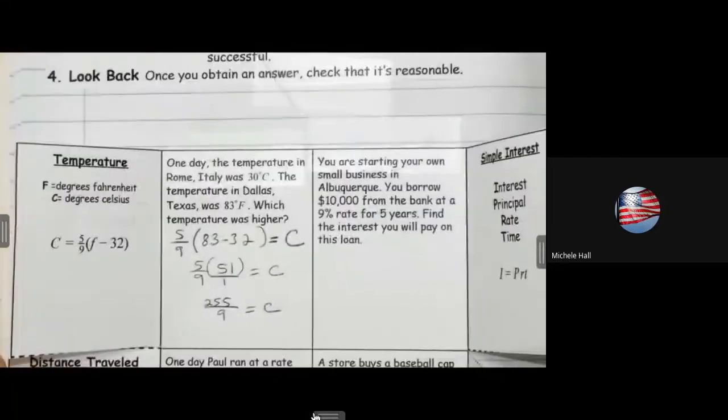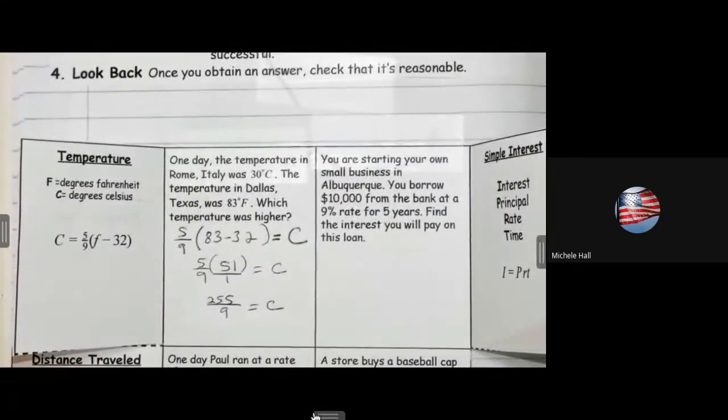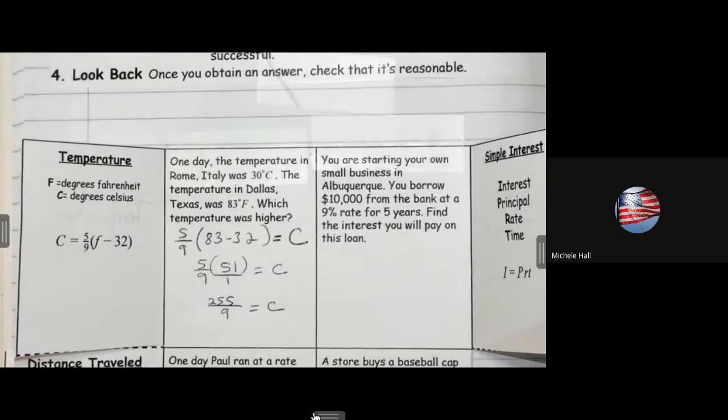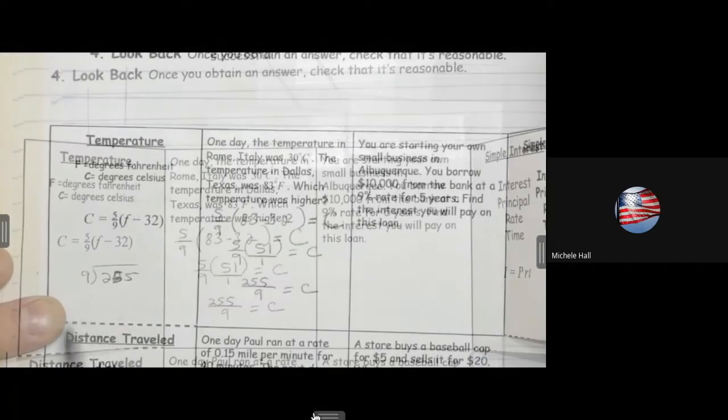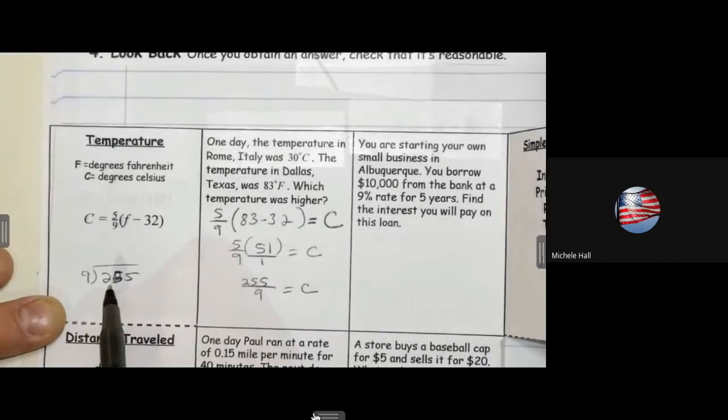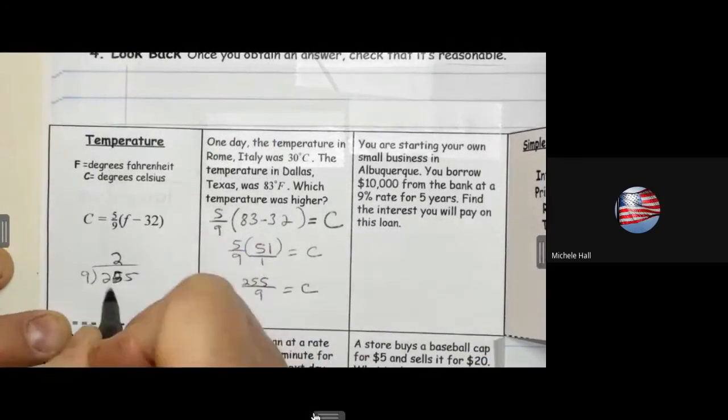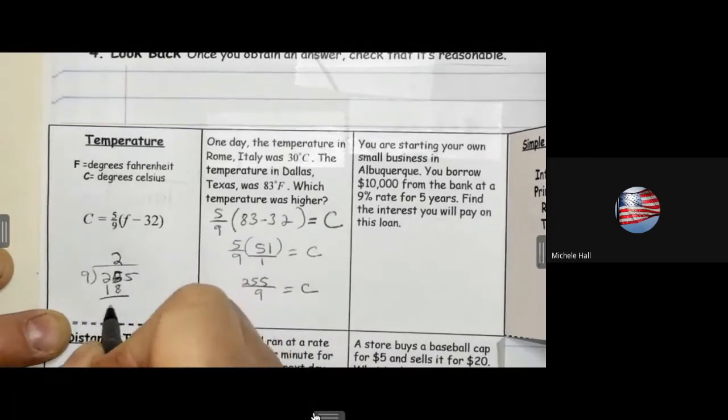Is this a good final answer this way? Can you compare right now to say, it says which temperature is higher? Can you tell which temperature is higher right now? No. What do we need to do to take it a little bit further? So 9 goes into 25 two times. 18. 7 left.